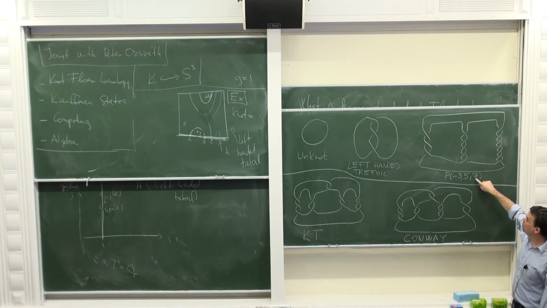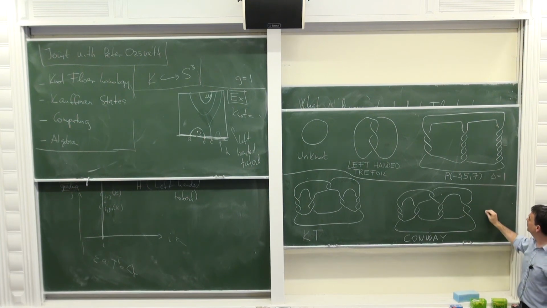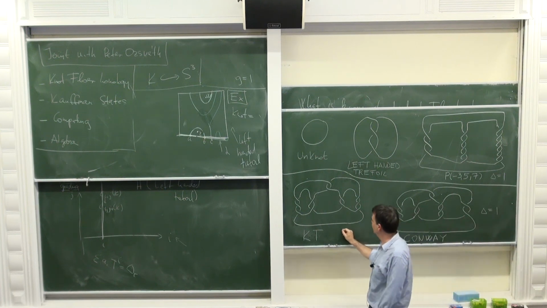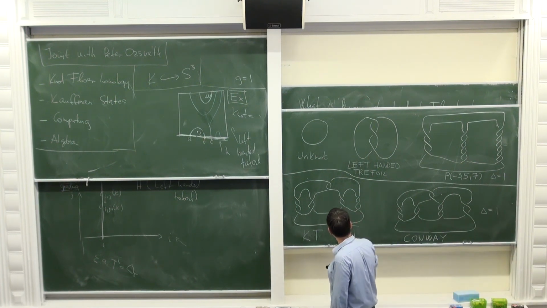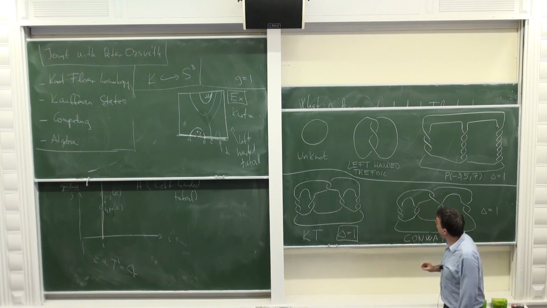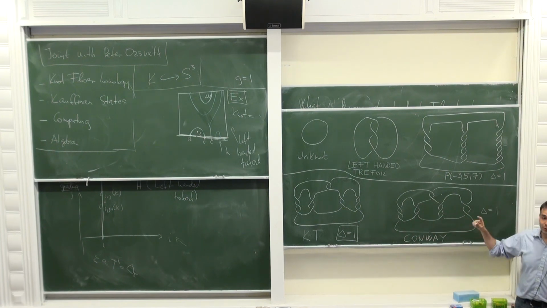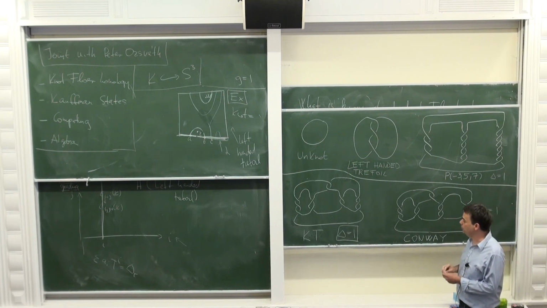This is one of the pretzel knots. There's an infinite family of pretzel knots. So here it's an example where the Alexander polynomial is 1. The Conway knot, a famous example, has Alexander polynomial 1. Kinoshita-Terasaka is also equal to 1. By the way, note that these two knots are almost the same. They are related by some operation which is called mutation.